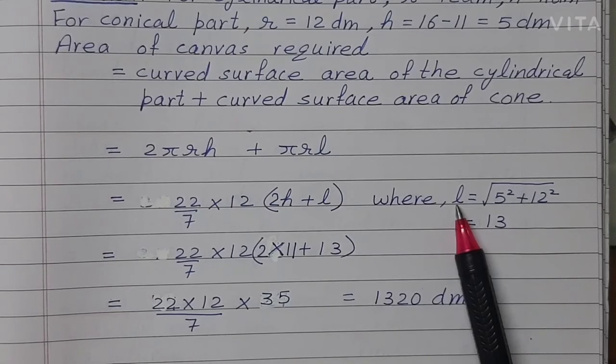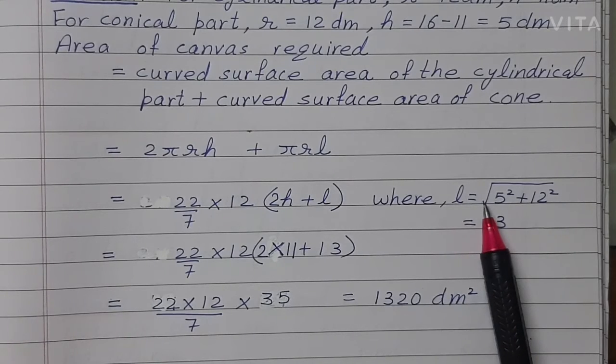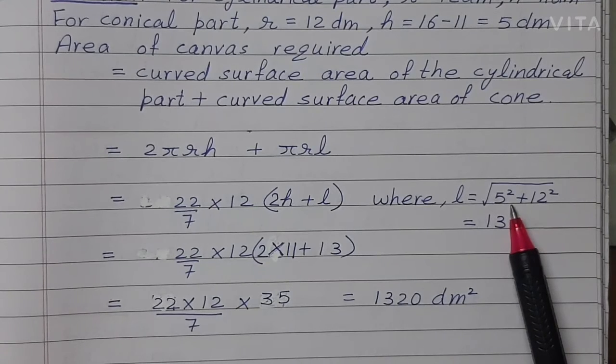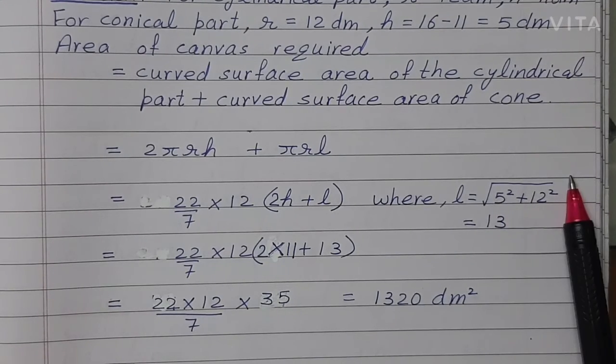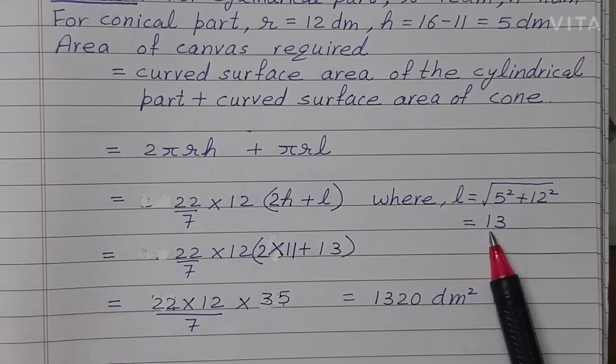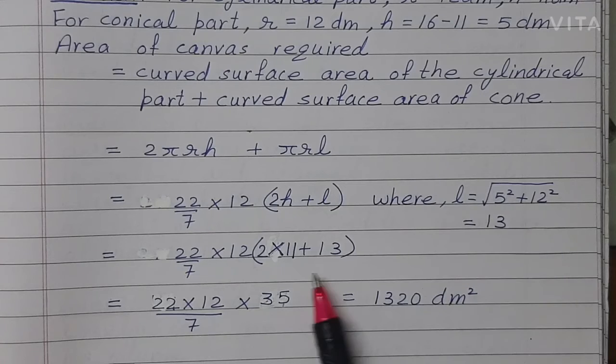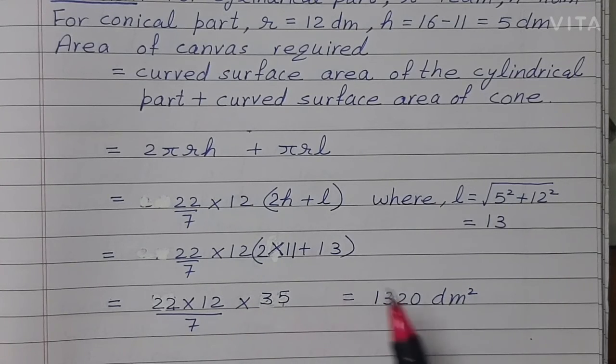That is the slant height, equal to the square root of 5 square plus 12 square, that is 169. So L is 13. After solving this, our final answer is 1320 decimeter square. Clear?